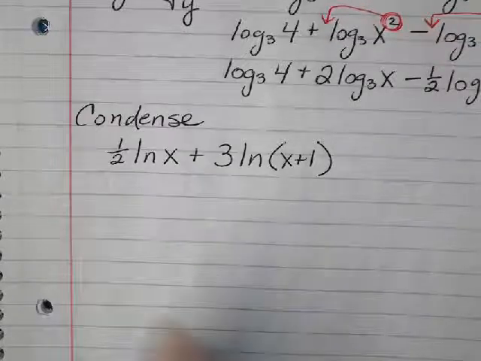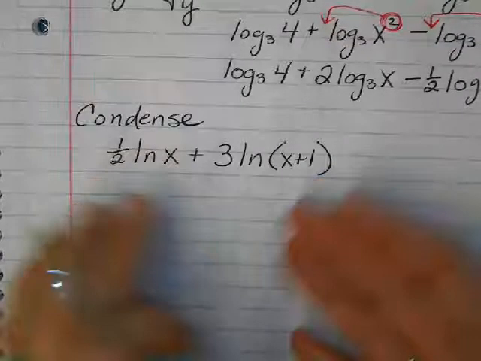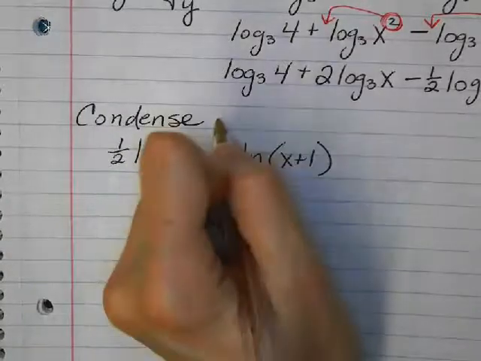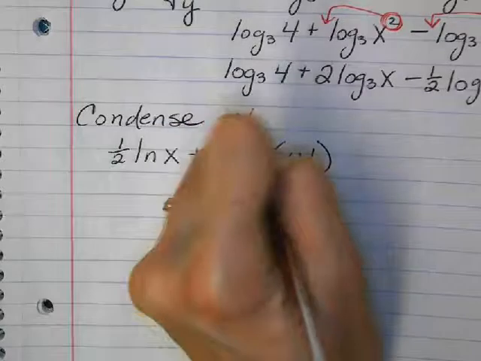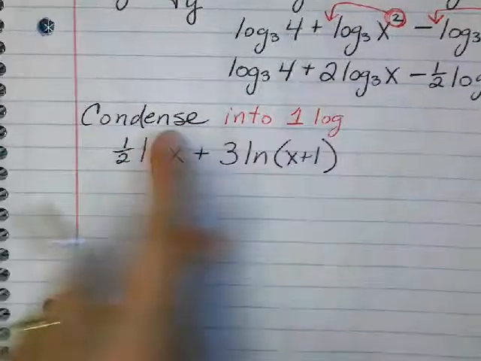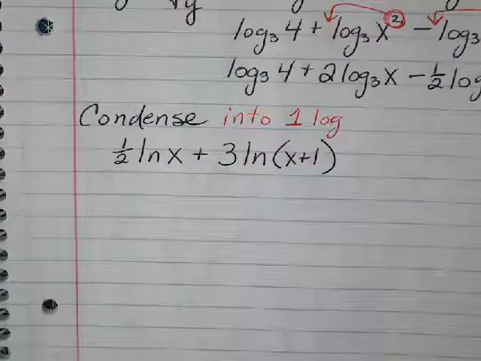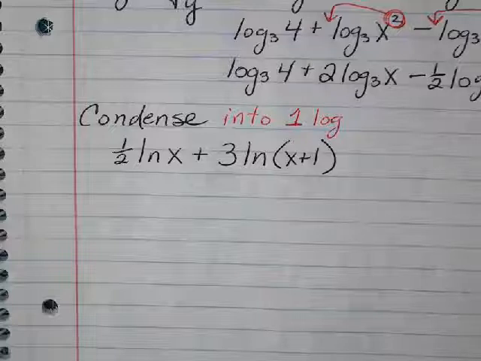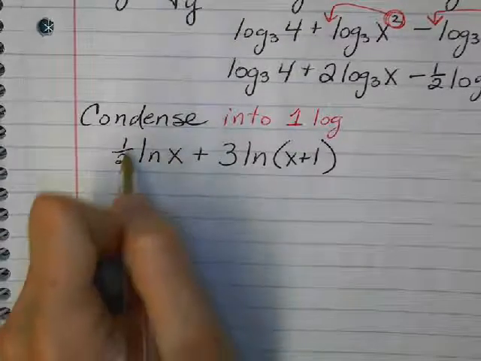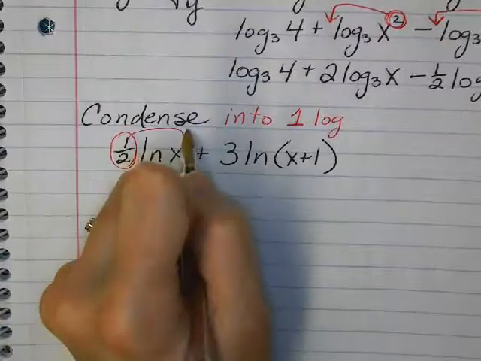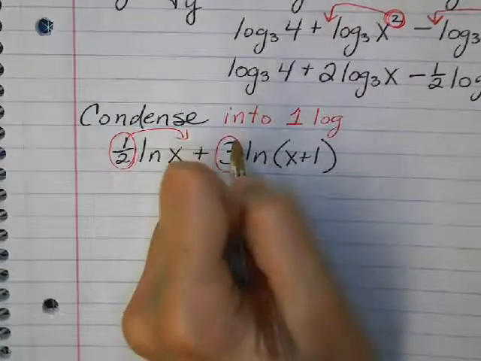So like I was saying, this is like go back the other way. We have it all expanded out. We want to condense it into a single logarithm. When you see the word condense, it's like put it back together. It condenses it into a single logarithm. So if you see a number in front of the logarithm words, that's the power that's going to have to go back over at the end.